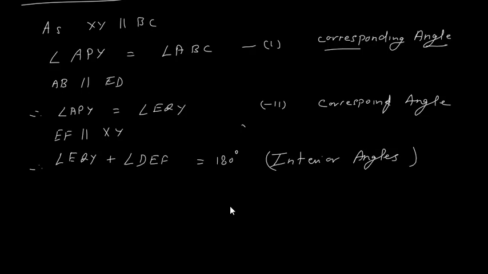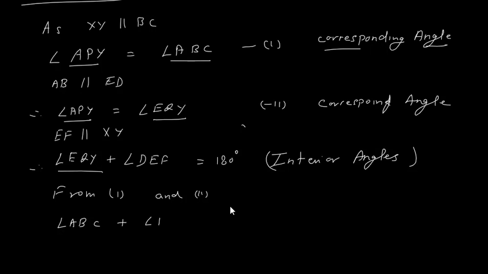Now in place of EQY I can write APY, and in place of APY I can write ABC. So from 1 and 2, in place of EQY I can write angle ABC plus angle DEF is equal to 180 degree. Hence proved.